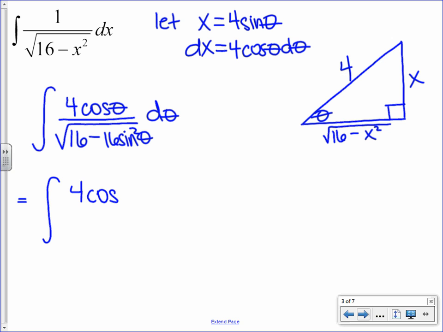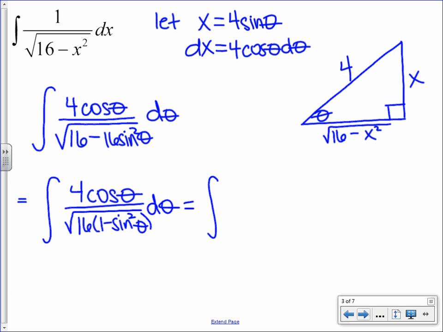So you're not always going to necessarily have to go through this step every time, but this is going to become 16 times 1 minus sine squared, right? Which is really just what? So our denominator becomes 4 cosine theta, because this is 16 times cosine squared.